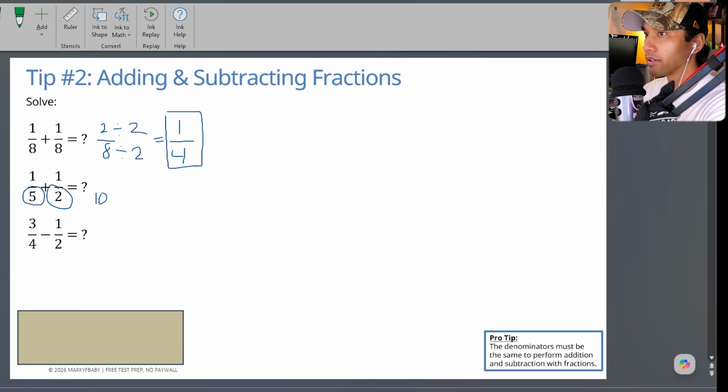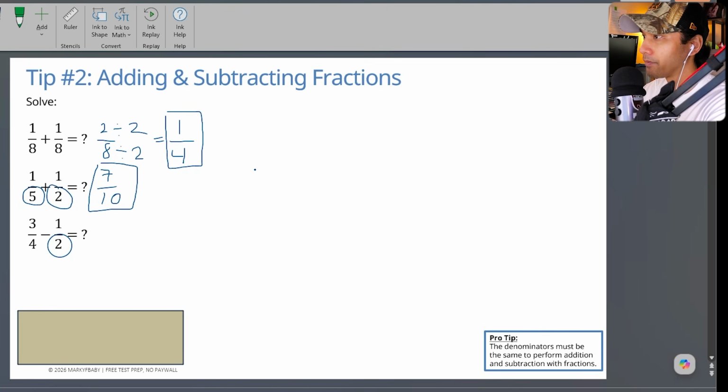And then this answer was 7/10. Okay, this one is 3/4 minus 1/2. Again, what can we do to the denominators to make them match? And in this case, we only need to change the denominator for this term, this 1/2, because we have a 4 here already, okay?